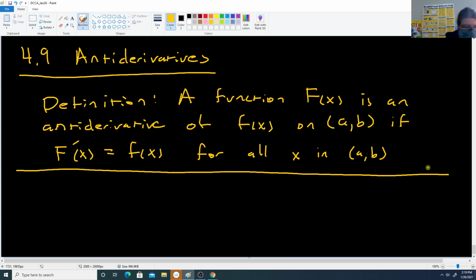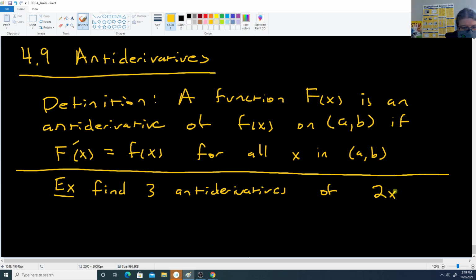Okay, so we'll look at a quick example. So let's say for this example we've got, say, find 3 antiderivatives of, let's say, 2x.